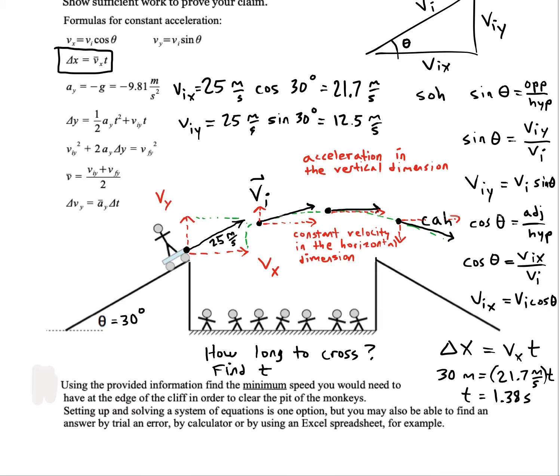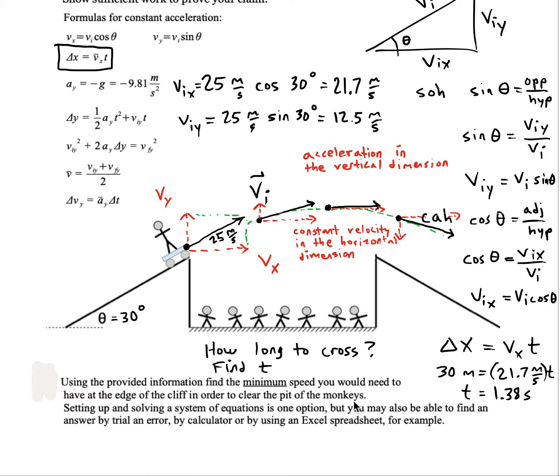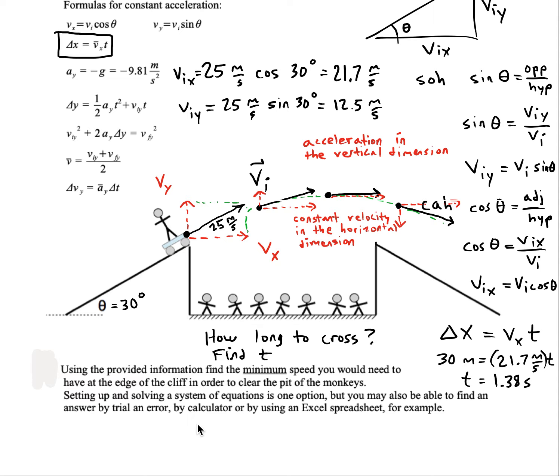Alright? Now, this is where people get a little confused on the y dimension, is you want to use a formula that involves acceleration. Okay, so there's several of them, and they've been derived through calculus to work for what's called a constant acceleration type situation. That's what this would be, constant acceleration.